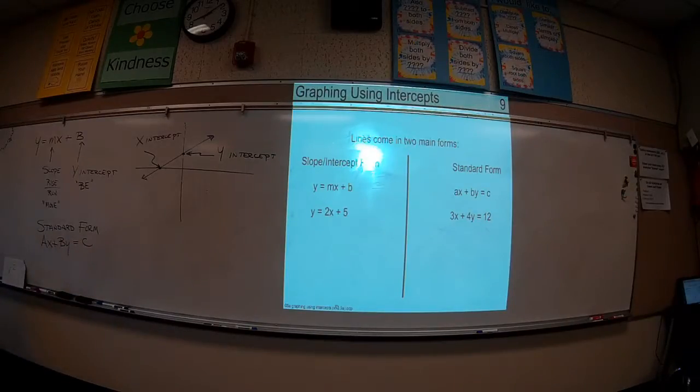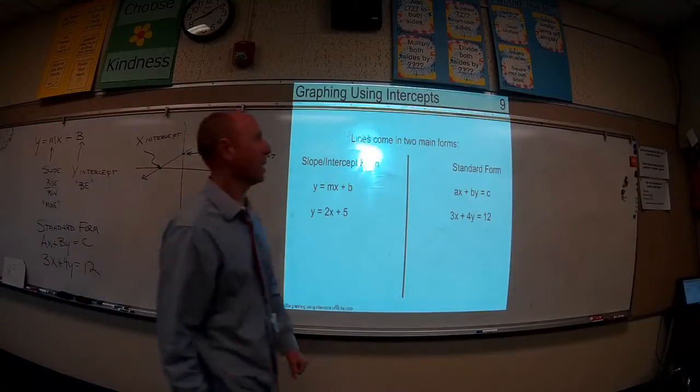It's a line. It's just a different form. And here's an example, 3x plus 4y equals 12. Standard form, 3x plus 4y equals 12.